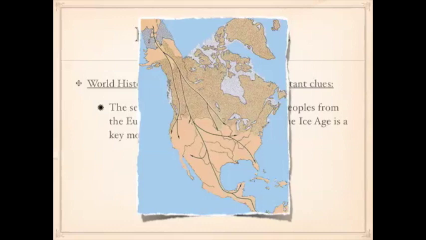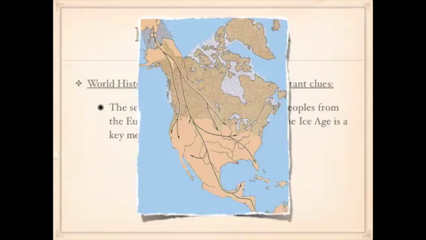So once those people come here and they're separated, they're going to develop their own distinct cultures. And one of the things that the text points out is that North and South America line up on sort of a north-south axis. So all the people in North and South America are spread out from north to south. Whereas if I lived in Europe, for example, my orientation is east-west.